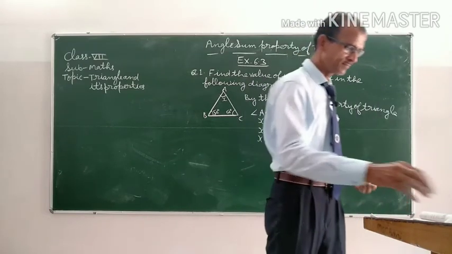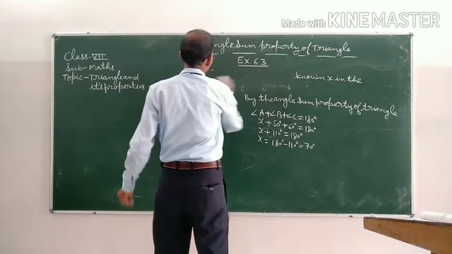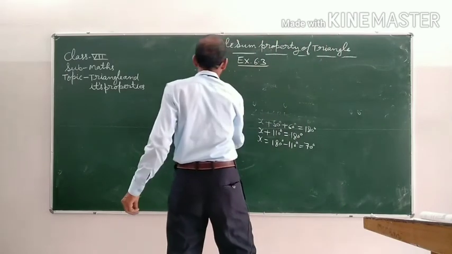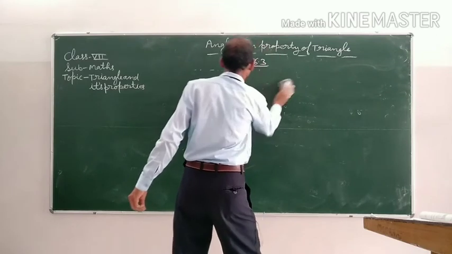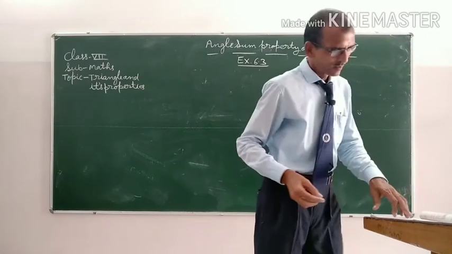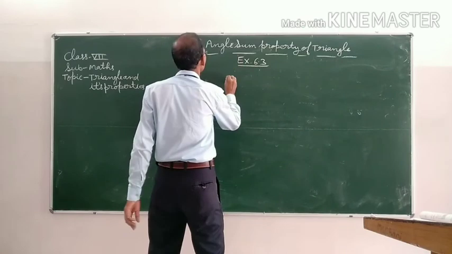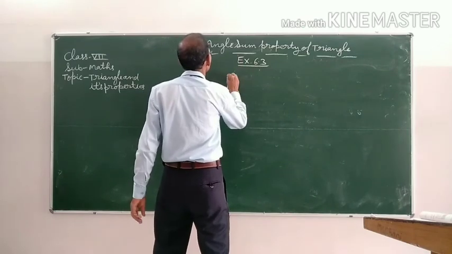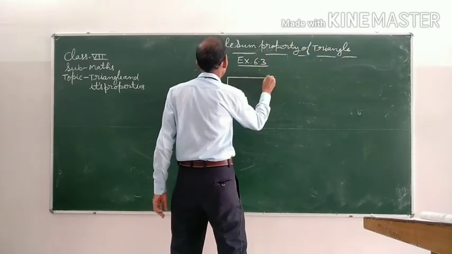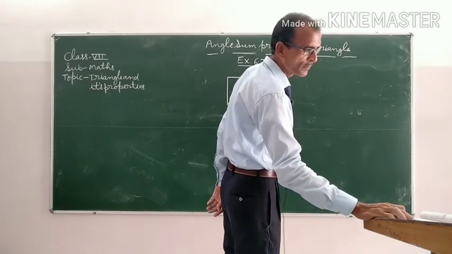Second question is, the figure is like this. Here we have the triangle PQR.